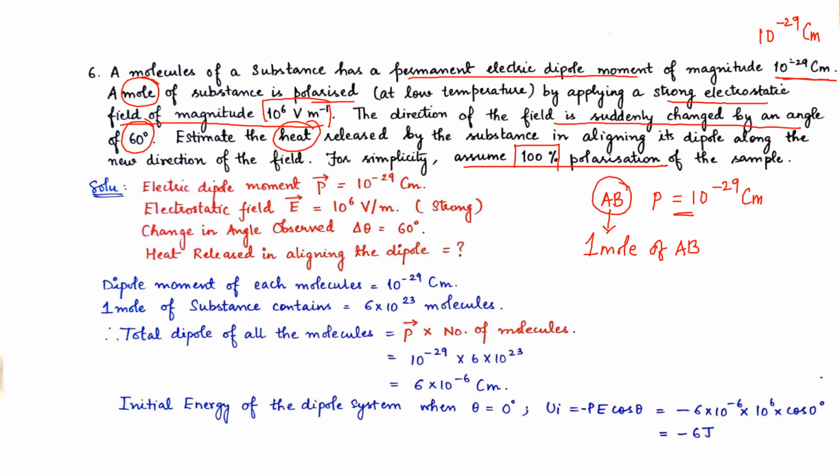This 1 mole is polarized at low temperature, and we are assuming that it is 100% polarized. Polarized implies they get the polar effect, negative polarity and positive polarity, which creates a little distance between them.